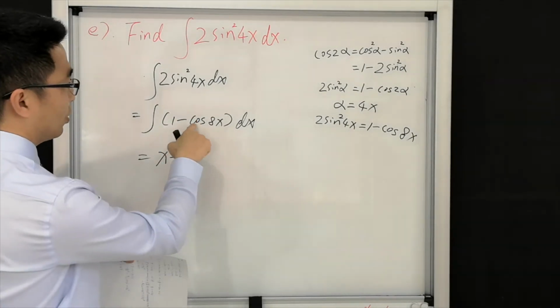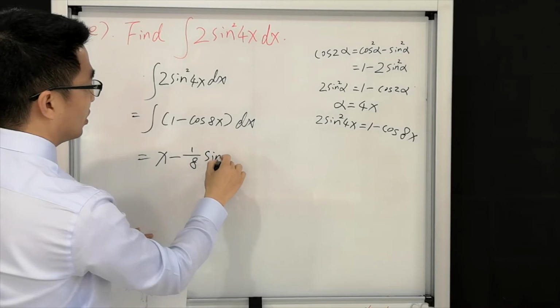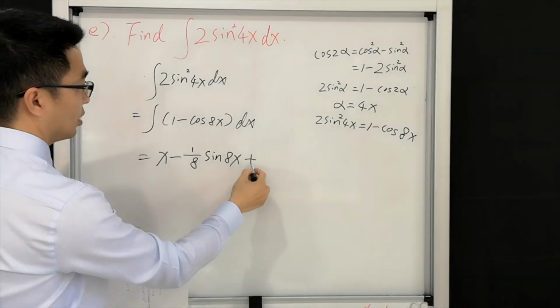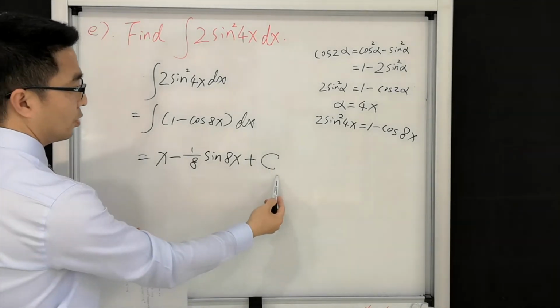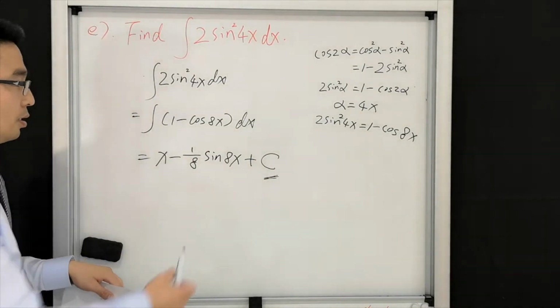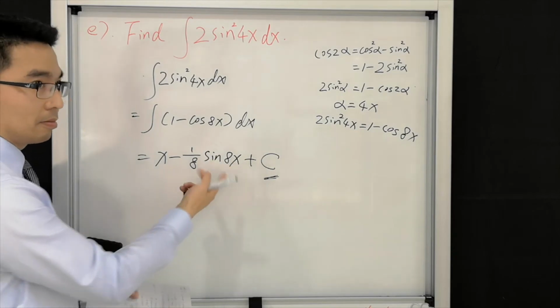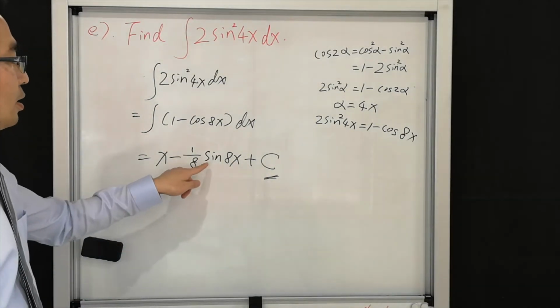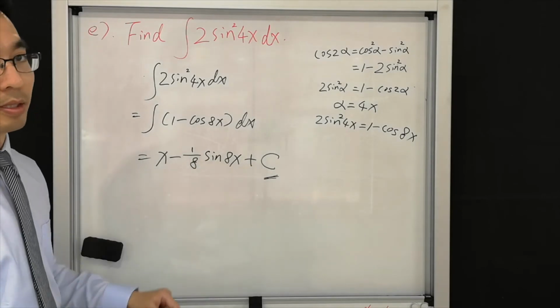So for cos, we have sine 8x, and then plus c. Don't forget this c, without it the answer is incorrect. So the final answer is x minus 1 on 8 sine 8x plus c.